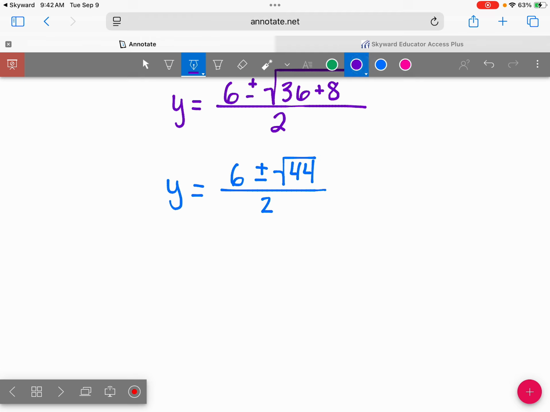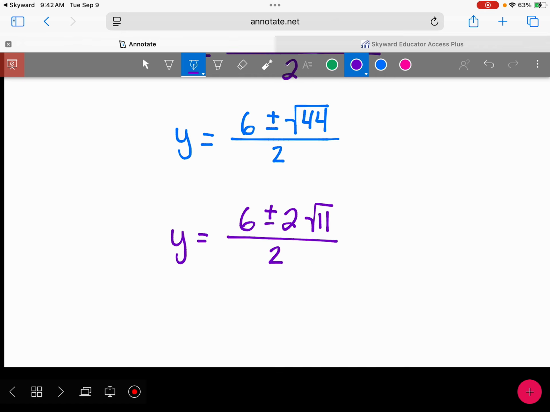Because I could have 4 times 11, and 4 is a perfect square. So this is going to give us 6 plus or minus 2 root 11 over 2. And again, will it simplify? Yeah.